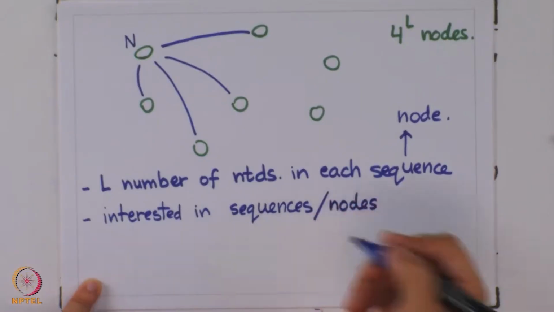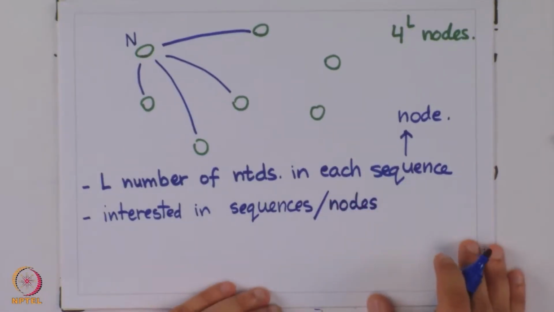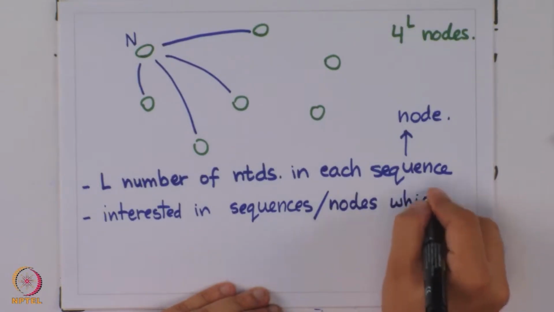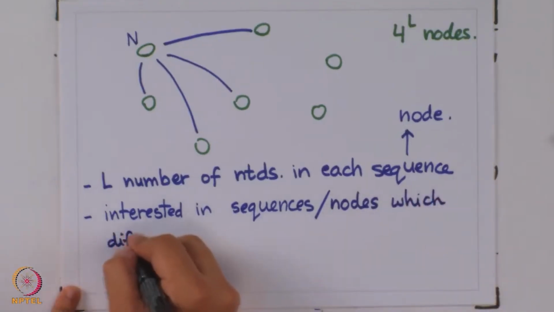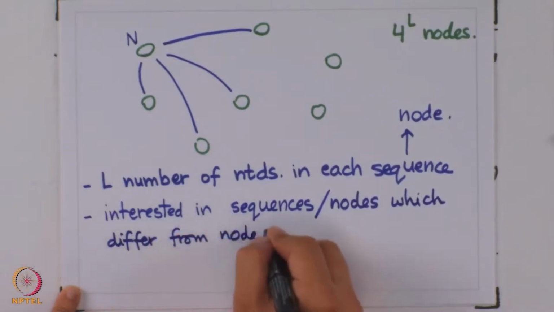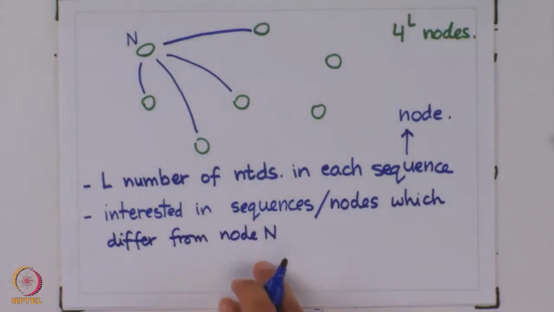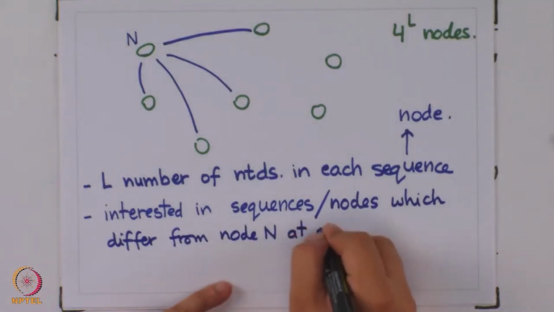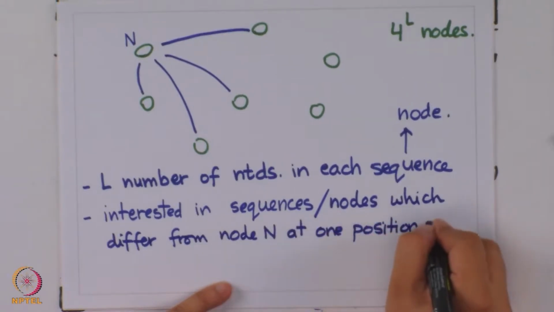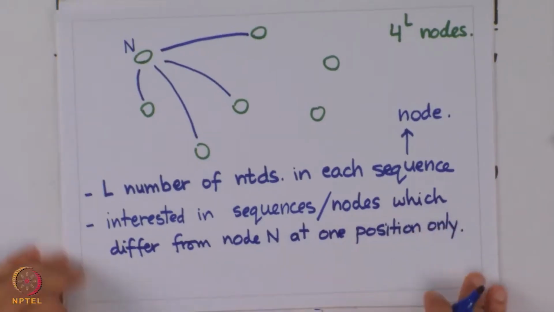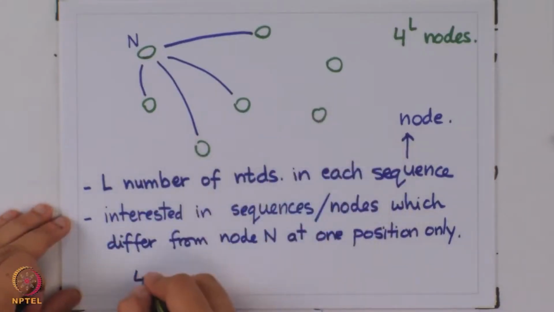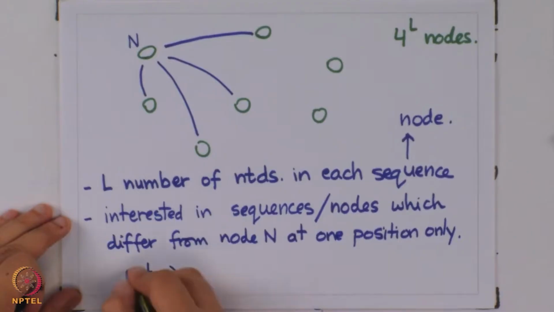So, nodes and sequences are going to be used interchangeably in this discussion. We are interested in sequences or nodes which differ from node N, the sequence corresponding to node N, at one position only. Those are the nodes that we are interested in. And of the total available nodes, we have 4 to the power L minus 1 available nodes.